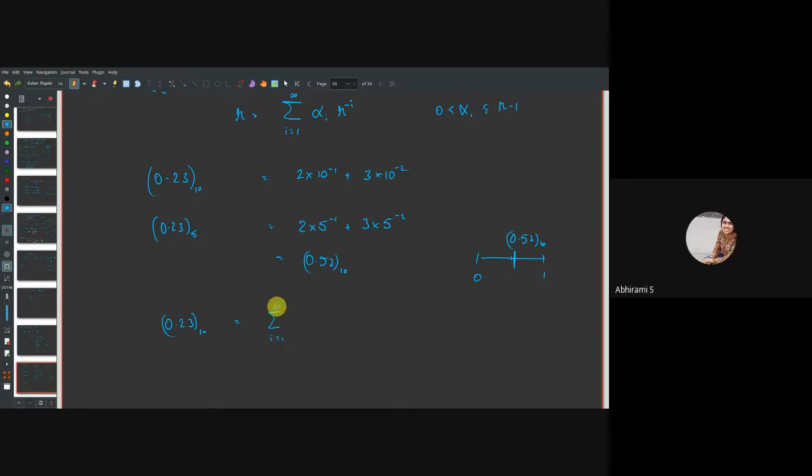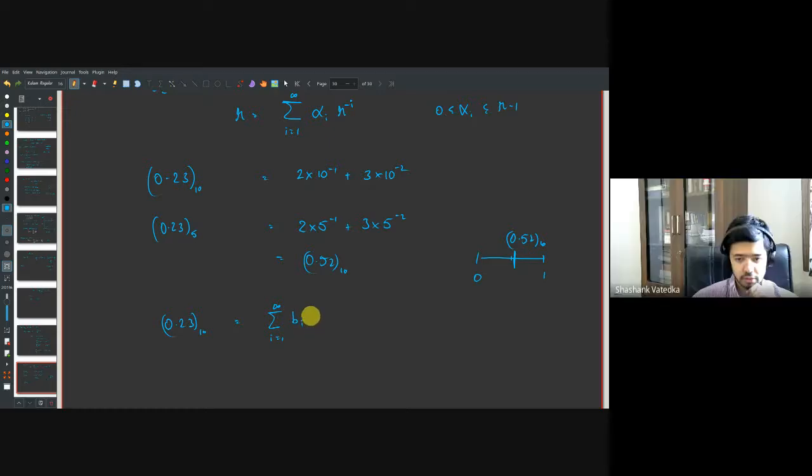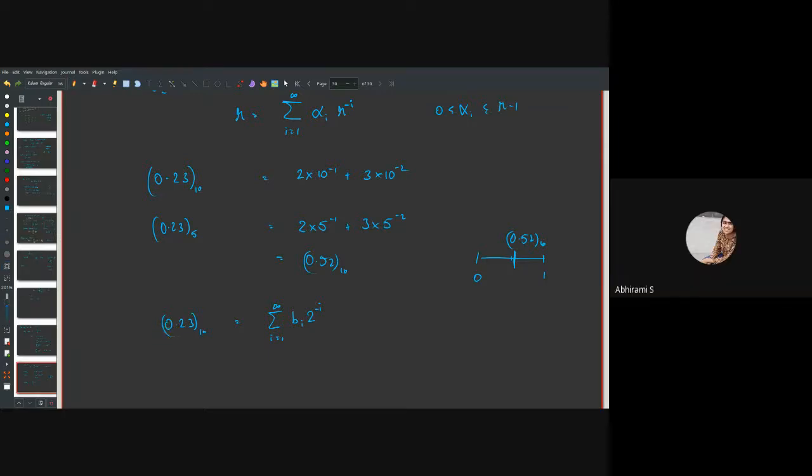How would you do it? So the conventional method for decimals is we multiply by 2.